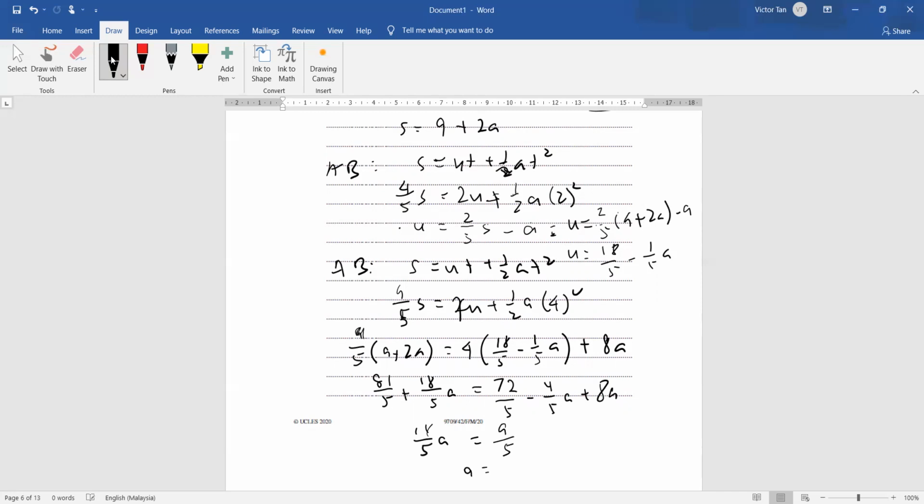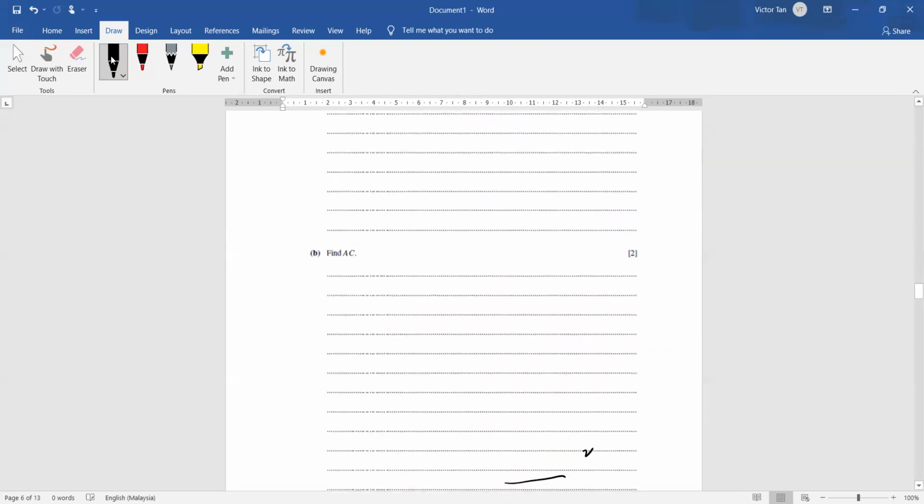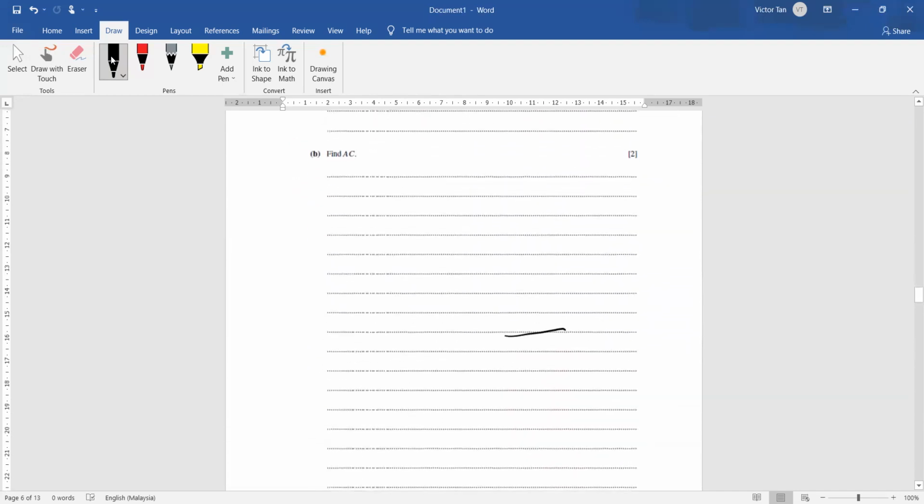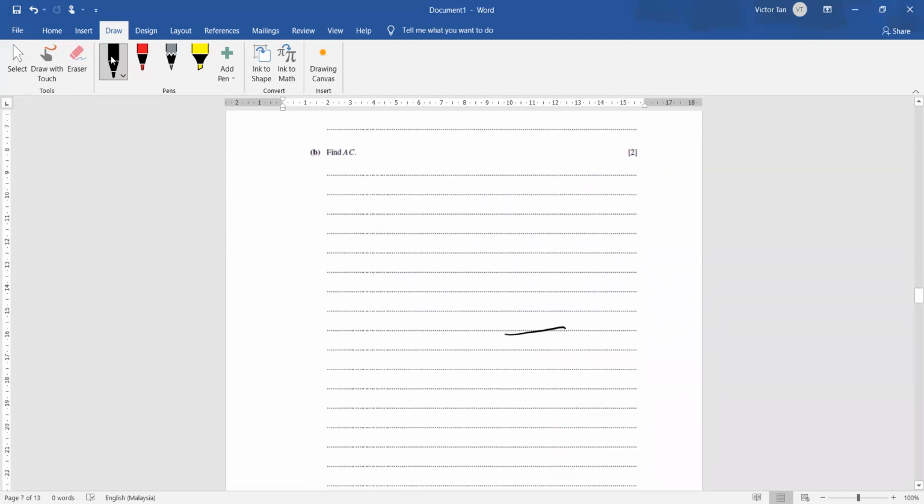So A equals 0.5 meters per second square. Okay. Looks a bit challenging, but it's quite okay. So it needs 3 equations to find 3 unknowns.